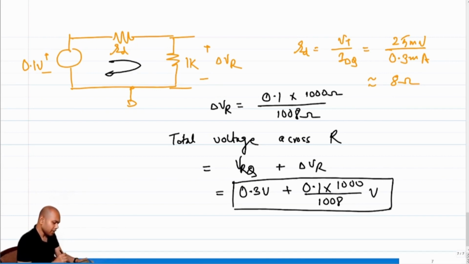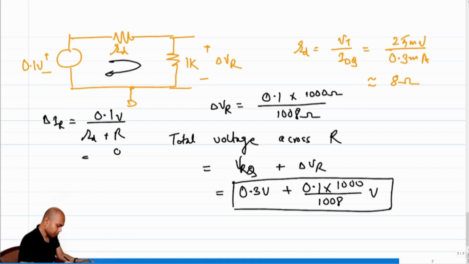So what will be the incremental current through this loop? This incremental current, that is delta IR, is 0.1 volt by RD plus R, which is 0.1 by 1008, right, amps.